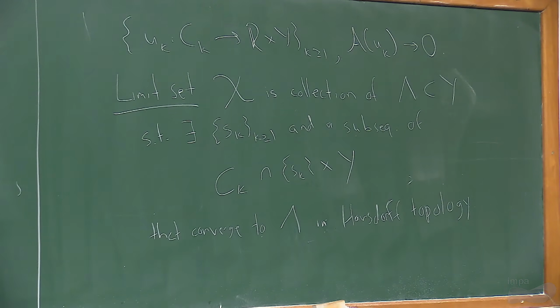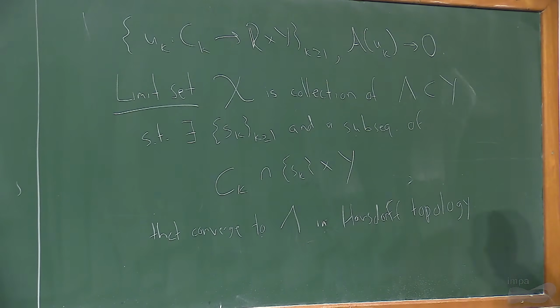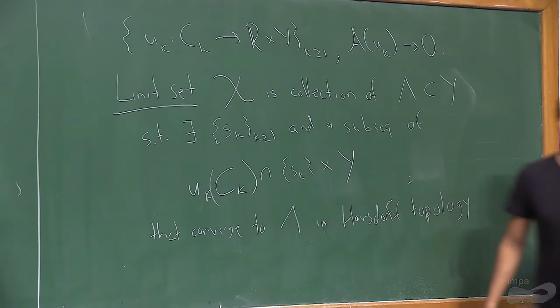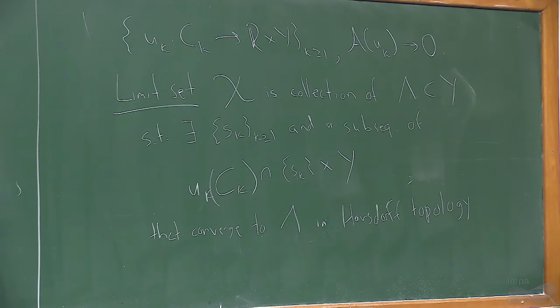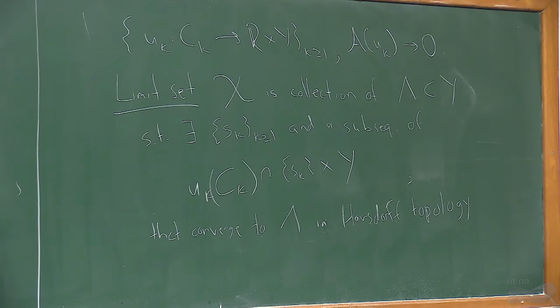And the main technical theorem that I want to state verifies exactly this, but you need this additional technical assumption that the topology of the curves is bounded. Okay, so now I'll state a technical result.